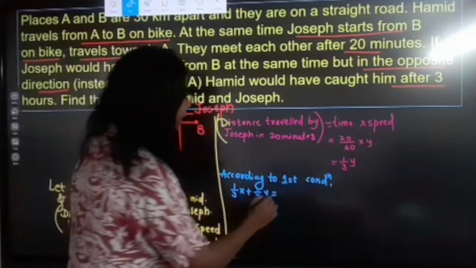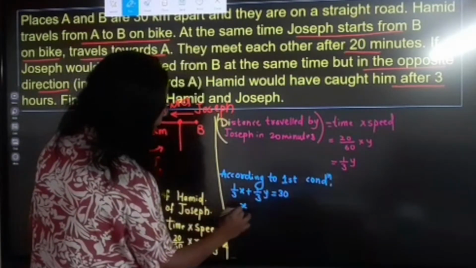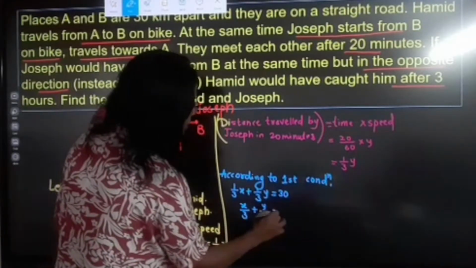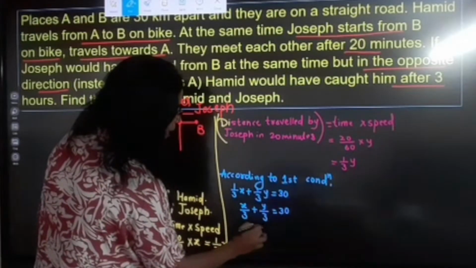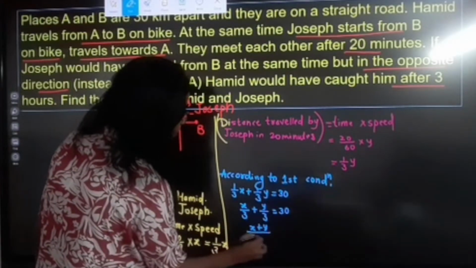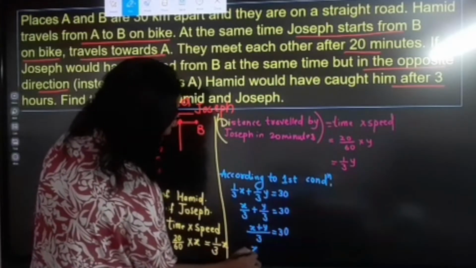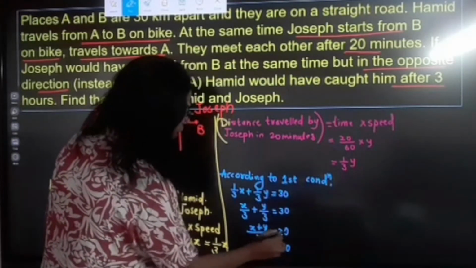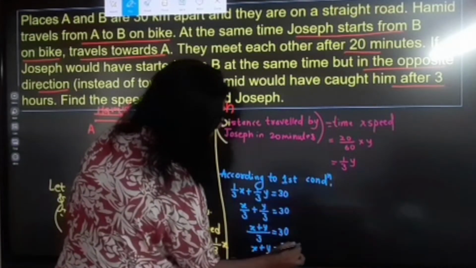So I write here is equal to 30. So here students, x upon 3 plus y upon 3 is equal to 30. Here the denominators are the same, so x plus y upon 3 is equal to 30, and then x plus y is equal to 90, 30 multiplied by 3.